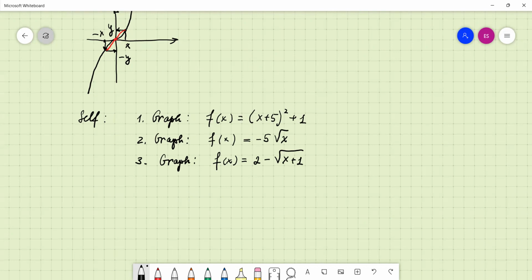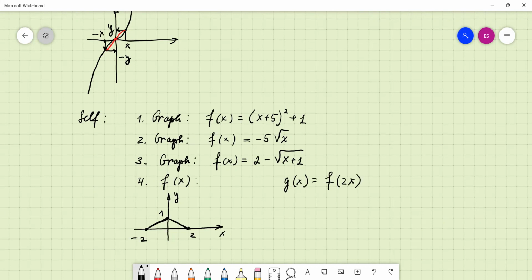Number four, f of x. I'm giving you some function f of x as a graph. So that's my graph of f of x, given as a graph. I want you to graph g of x equals f of 2x.